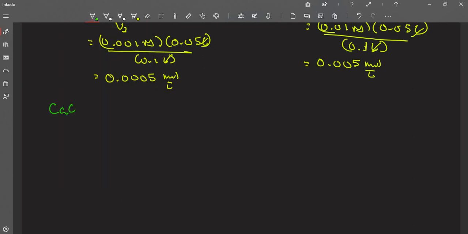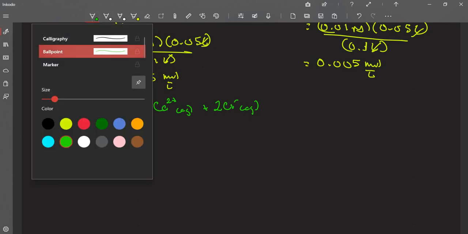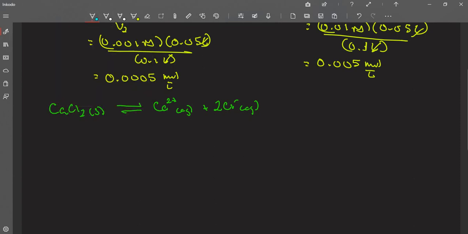Calcium chloride will dissociate, and it dissociates like this. Remember that there is a 2 coefficient. Done. Sodium sulfate, different color, dissociates like this.